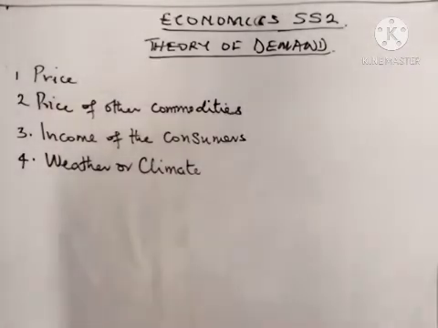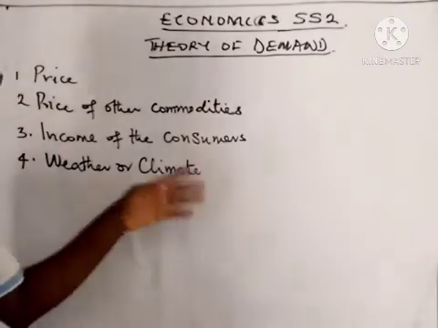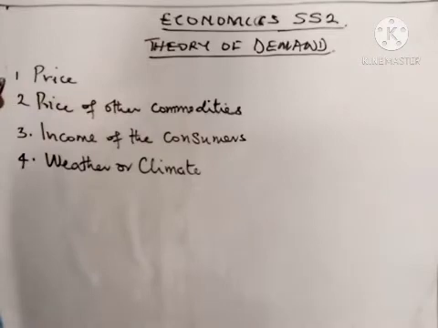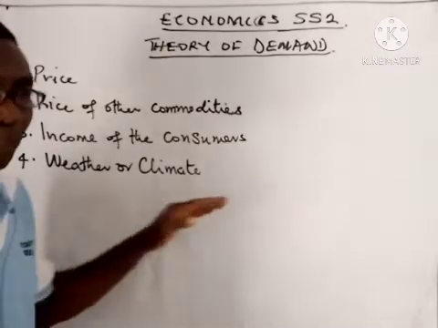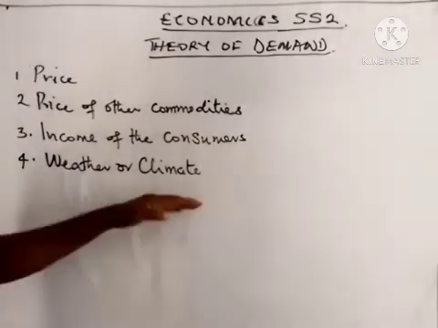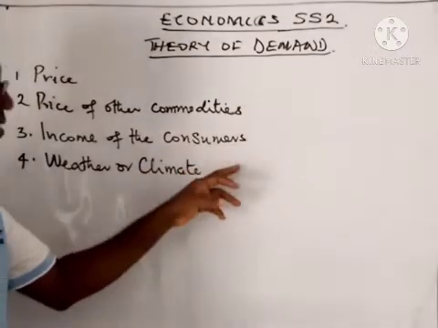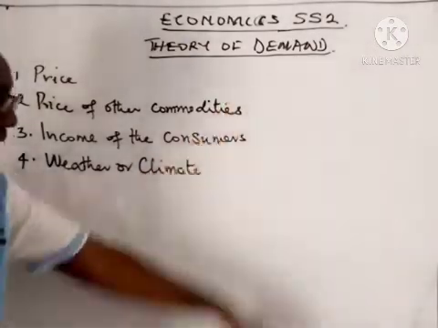For example, this is a season when people are not planting maize. We are talking of January. The people will start planting maize, let's say around March, April. Now, if you want to make your pap and you want to make anything that pertains to maize, you discover that the price of that commodity will increase, which may reduce the demand for such commodity.